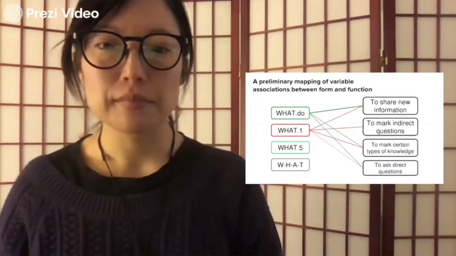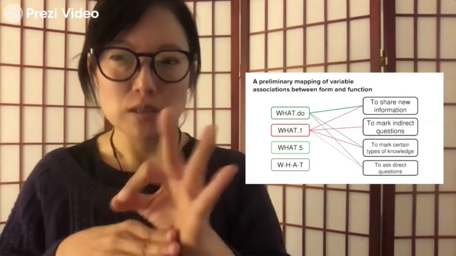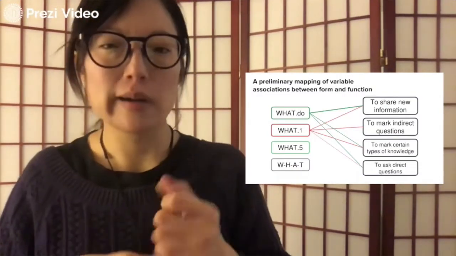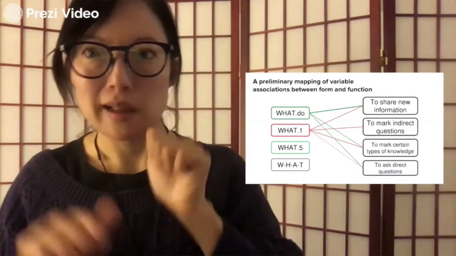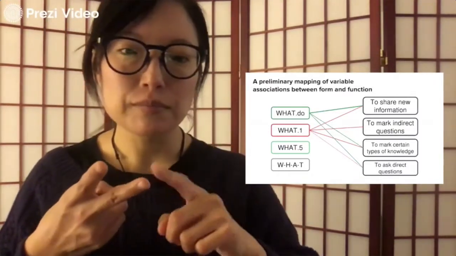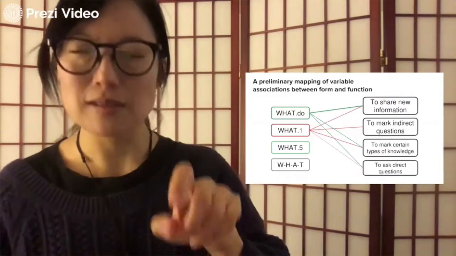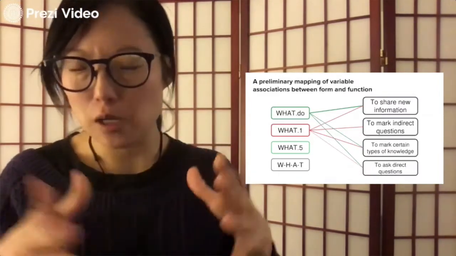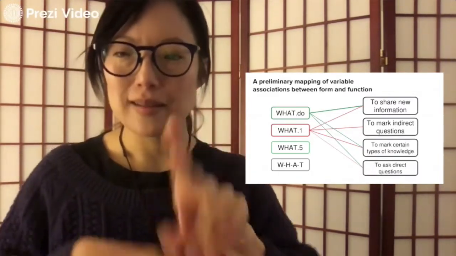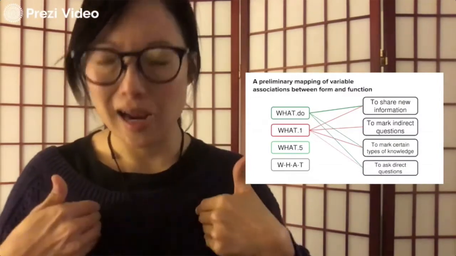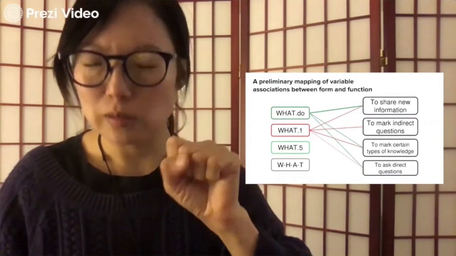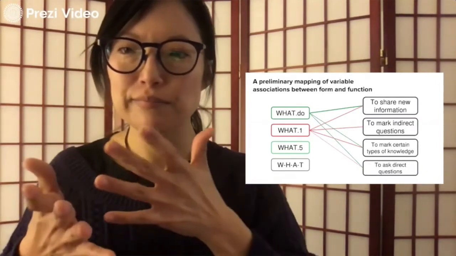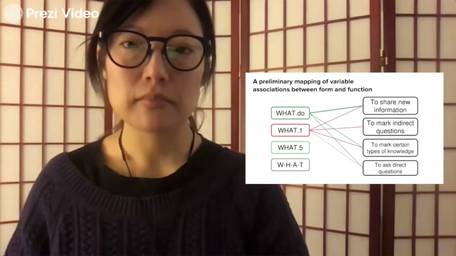They are to mark certain types of knowledge, which includes uncertainty, and to mark direct questions, which does not occur as much, probably because of the type of data that we collected. And most of those are monologues and not much dialogue or turn-taking.